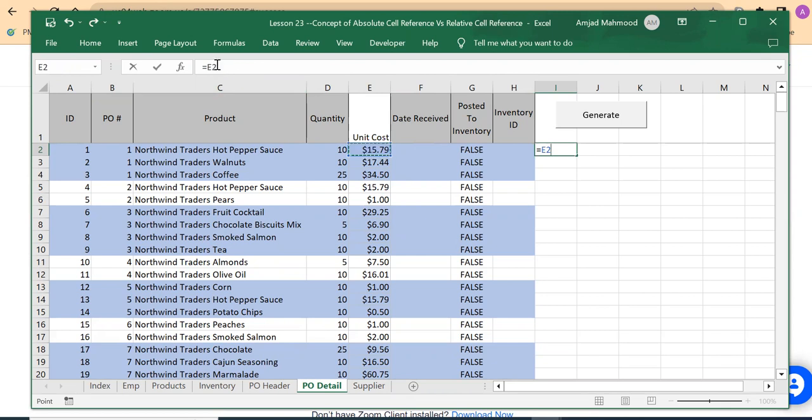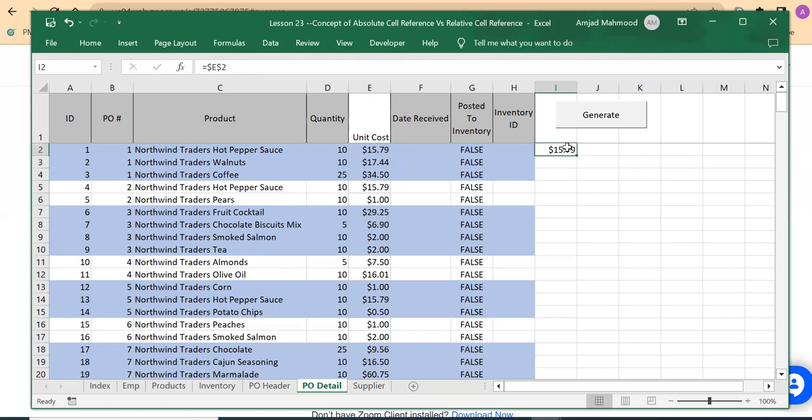The system has already written it. I can also write E2, and it will do the same. It will go to the E2 location. This is a relative address. And if I use the $ sign, $E$2, it will also bring the same thing. So what is the difference?